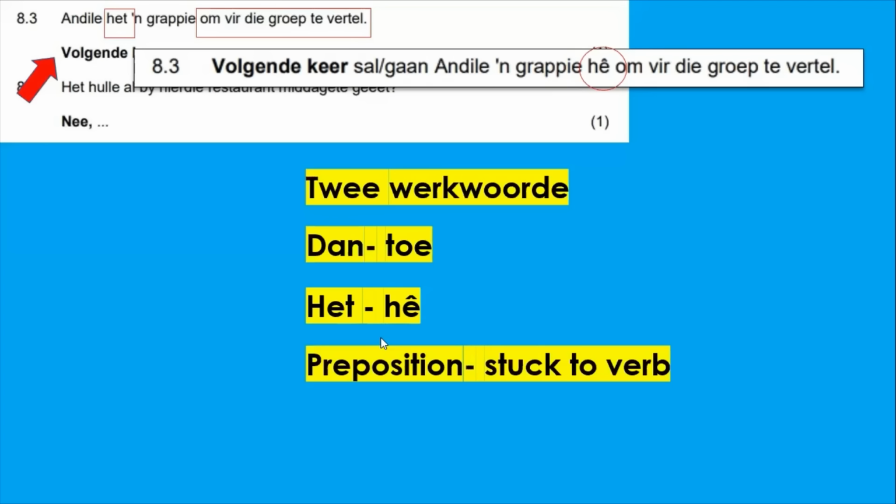And then for both past and future, we had a preposition, and we need to remember that it gets stuck to the verb. The verb comes over and it gets stuck to it. And then also to look for the om te at the end of the sentence, to know that when your verb moves, because we get a new past tense or future tense verb, your other verb will stand in front of this.